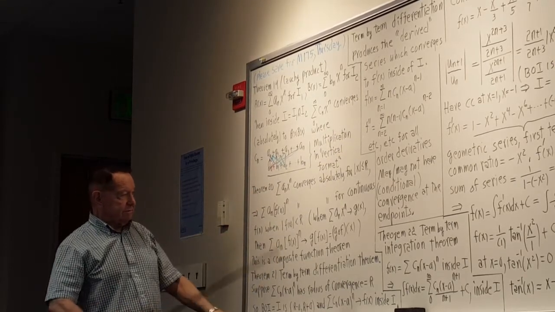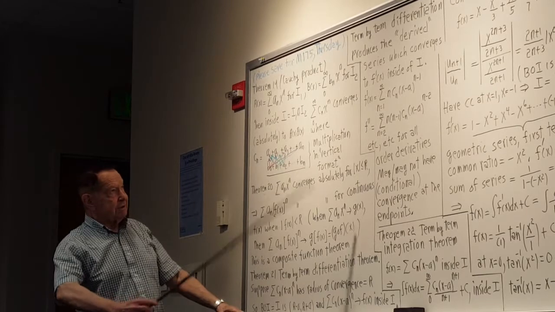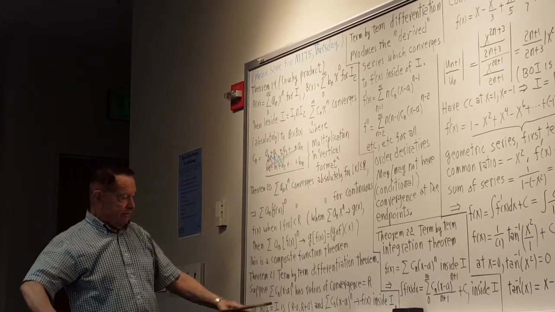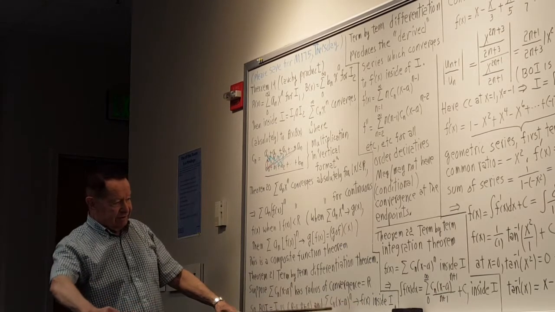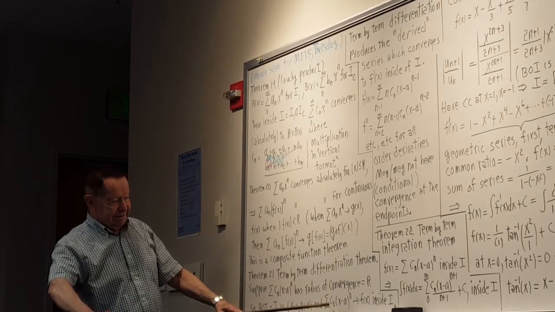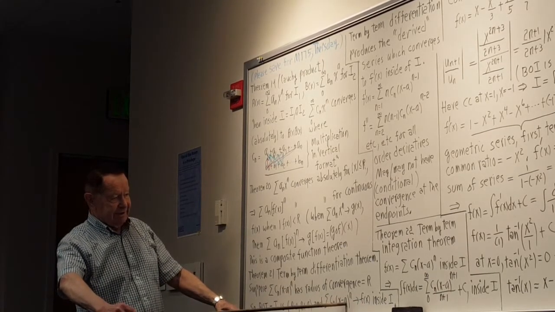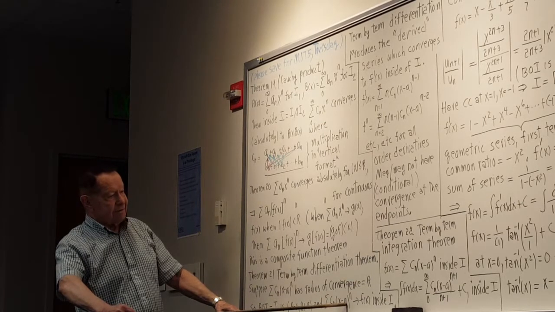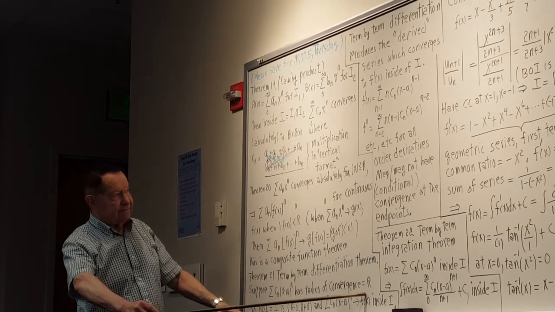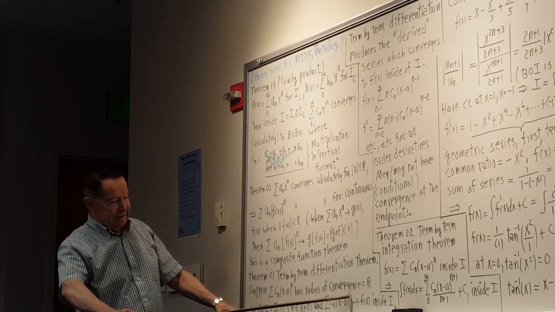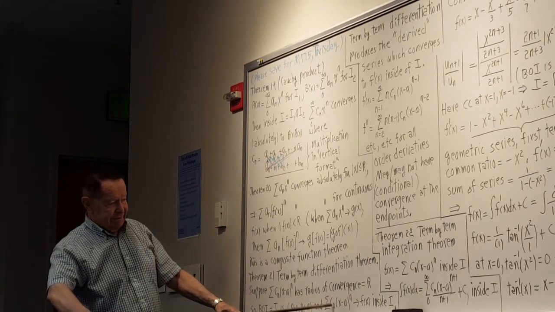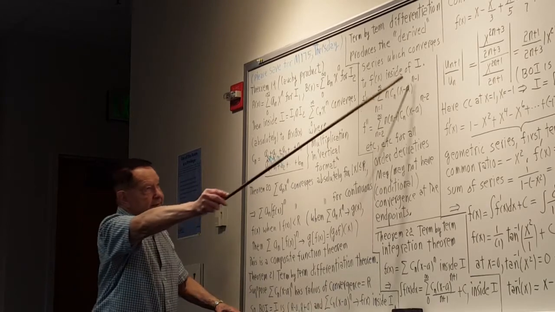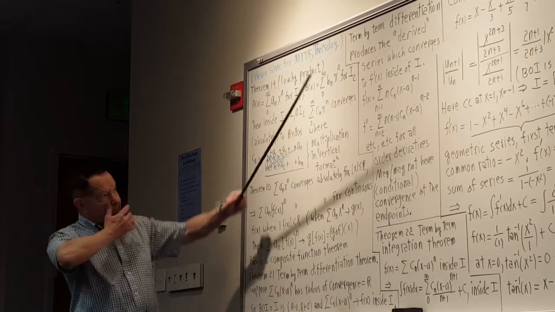So if your original series is f of x corresponds, say, to the sum of c sub n times x minus a to the n, then the derived series, the series for f prime, you take the derivative term by term. So you'd have n c sub n x minus a to the n minus 1.